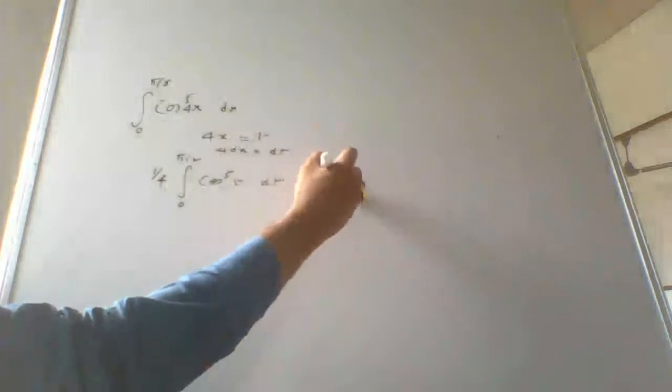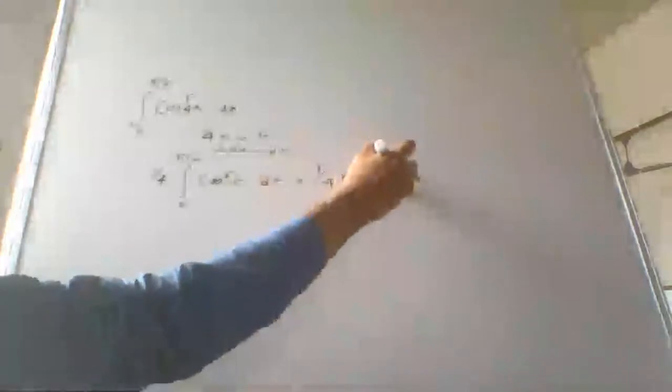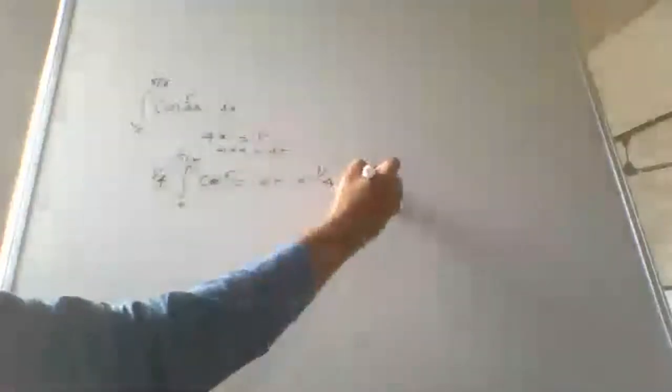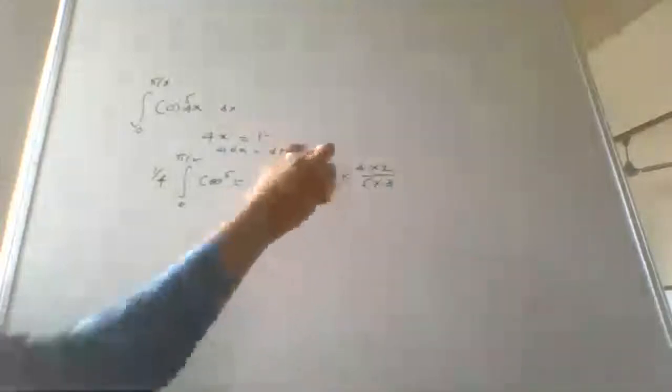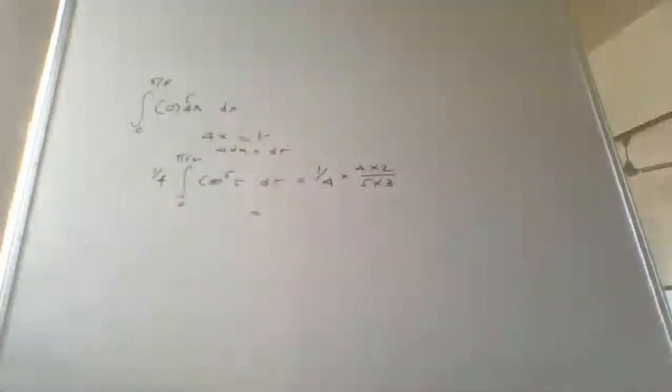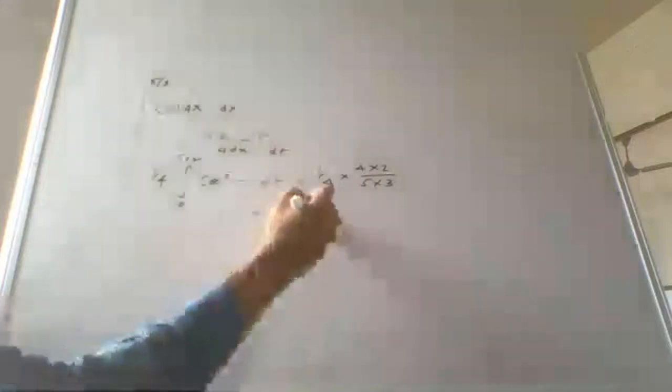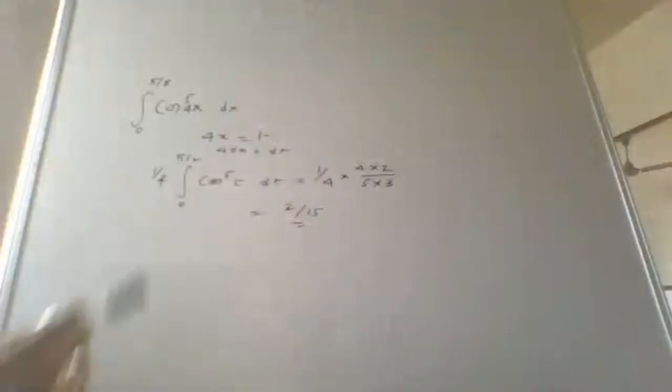That is equal to 1 by 4 into, by the reduction formula, 4 into 2 divided by 5 into 3. After simplifying it, I get 2 by 15. This will be the solution for this. So I've substituted 4x as t, and then t ranges from 0 to pi by 2. That's it. Let us see another problem here.